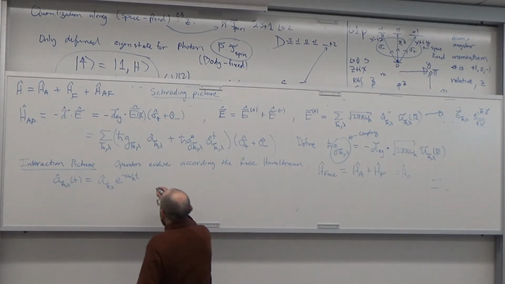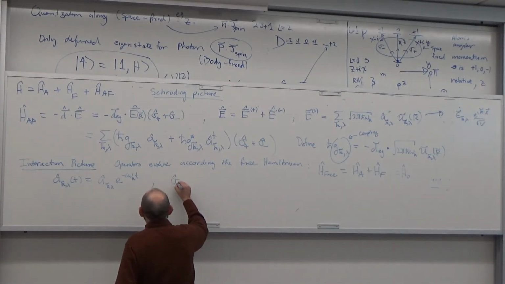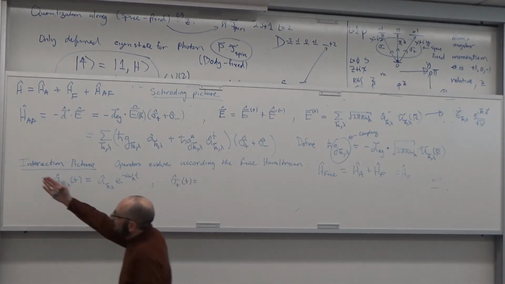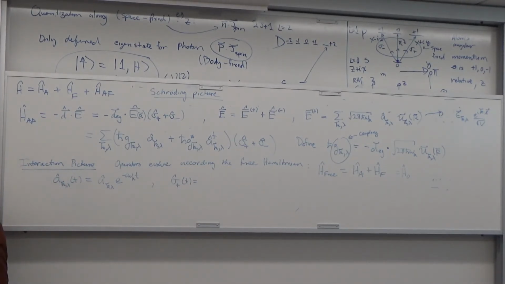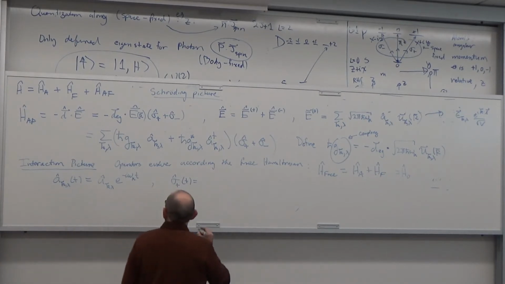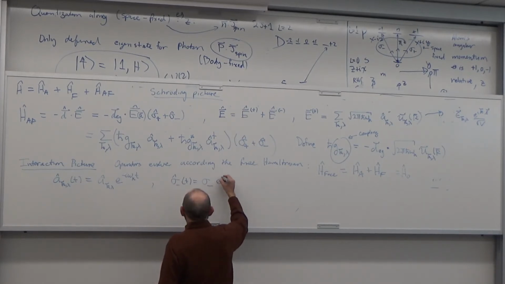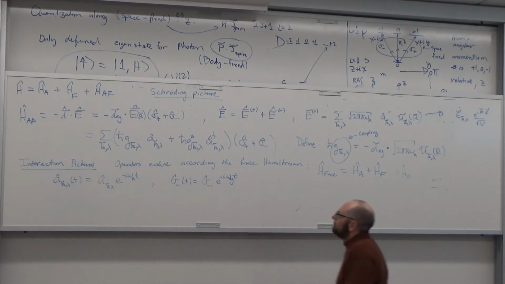And similarly, as we did, and I won't do it again, for this one, evolving according to this Hamiltonian, it goes like sigma minus, the lowering operator, it goes like e to the minus i omega_eg t in the free evolution.